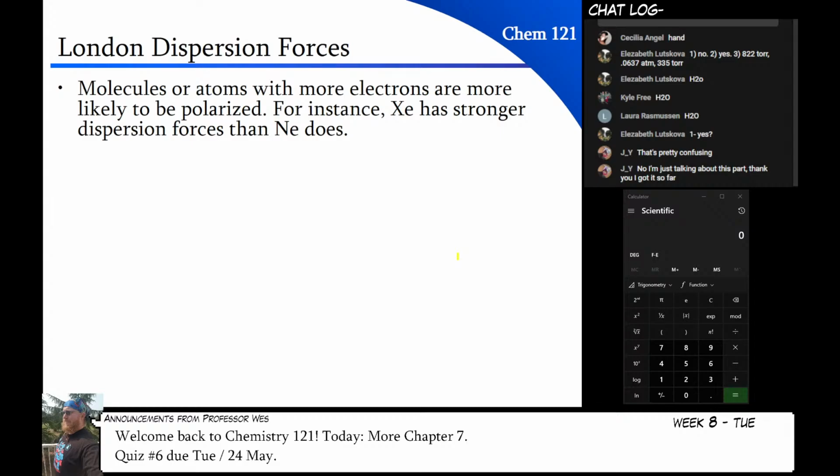For our first example, if I look at xenon versus neon, I'm not going to draw all the electrons on xenon, but here's neon. Neon has like 10 electrons around it. Xenon has so many electrons.